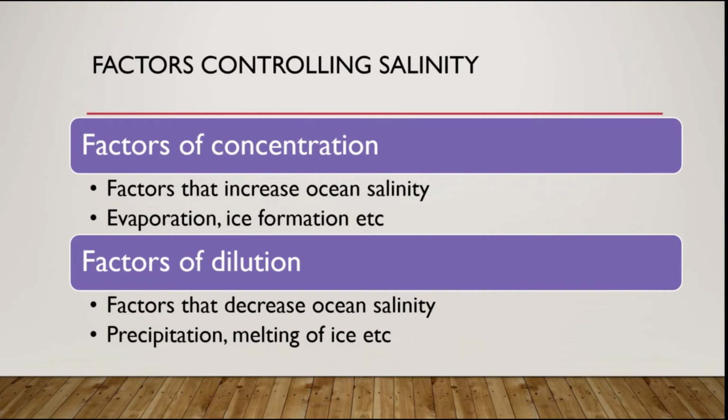However, these salinity raising factors are continually counterbalanced by the processes that decrease salinity, such as continuous input from rivers, precipitation of rain and snow, and melting of ice. Let's discuss these factors one by one in detail.